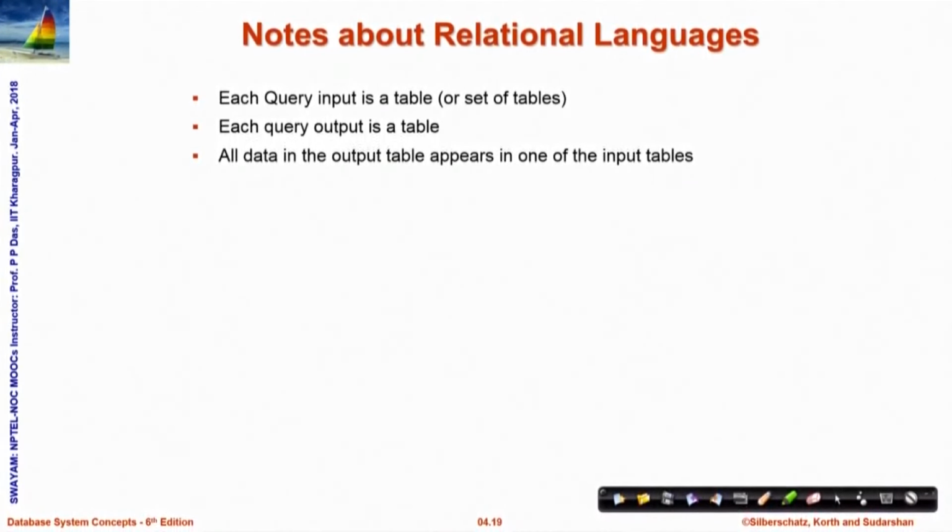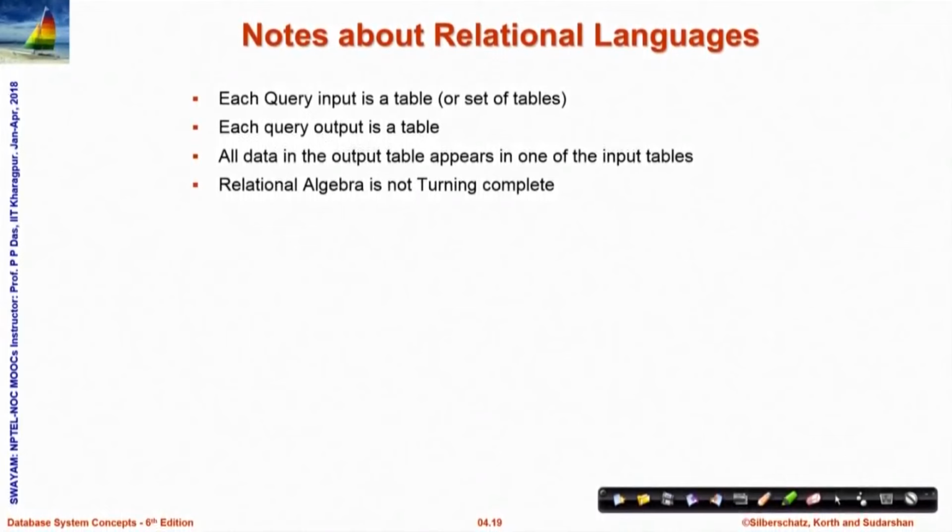It is basically selecting, combining data from different input tables. It does not generate new data. That is, if I see that an attribute for a particular row has a value 15, then there must be some input table where there is a record with attribute value 15 in that field, otherwise this cannot happen.